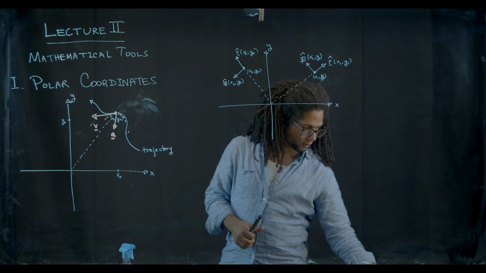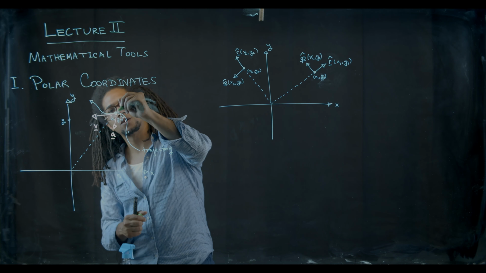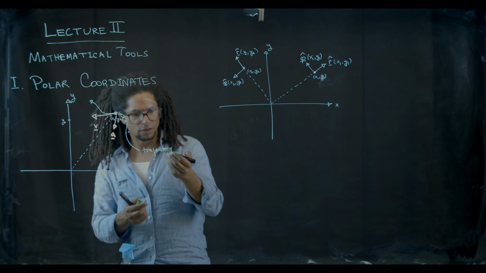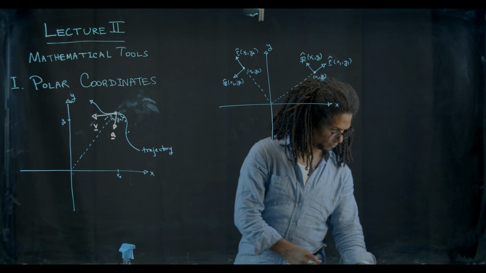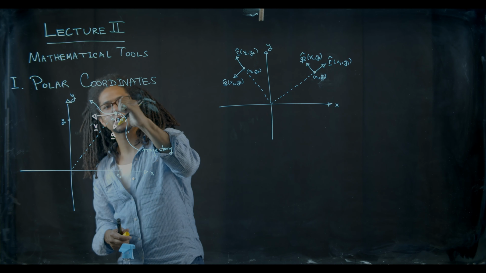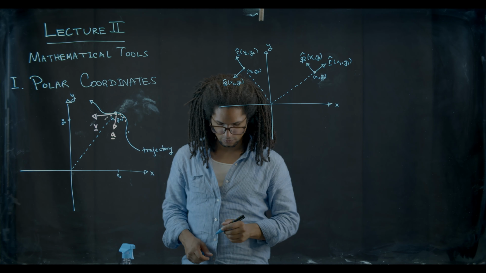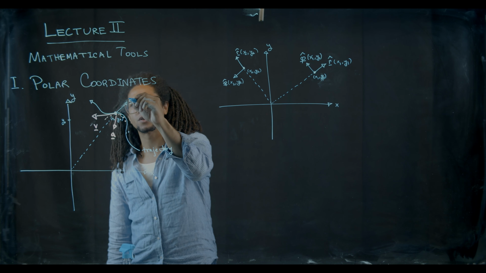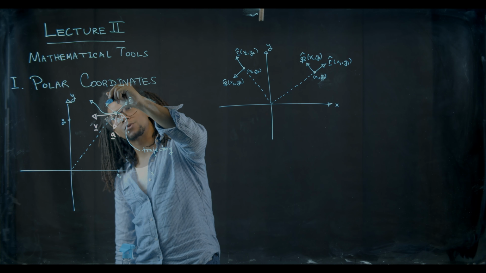Maybe I'll choose a new color just so that it shows up nicely. Okay, so here is our r hat vector for this point, and here is our phi hat vector for this point.